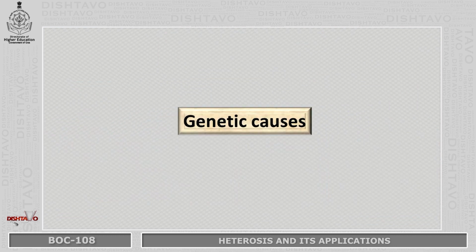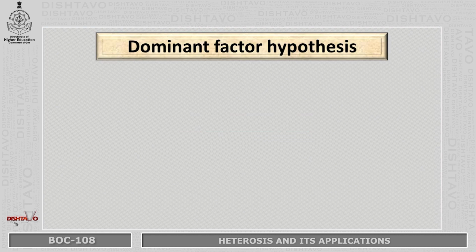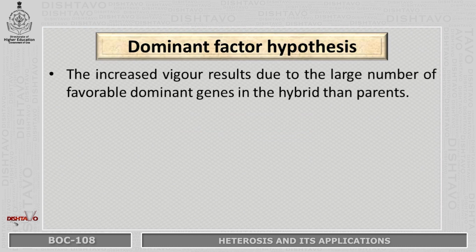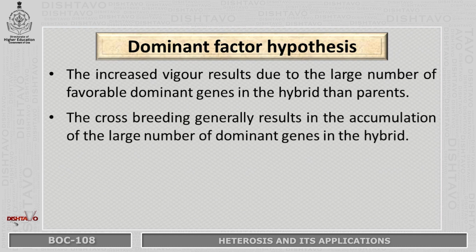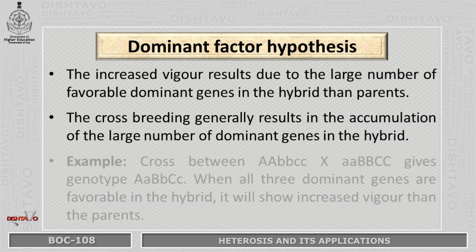Now let us see the genetic causes in detail. Dominant factor hypothesis: in this, the increased vigor results due to a large number of favorable dominant genes in the hybrid than in the parents. Crossbreeding generally results in the accumulation of a large number of dominant genes in the hybrid.